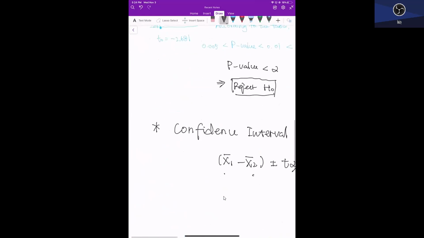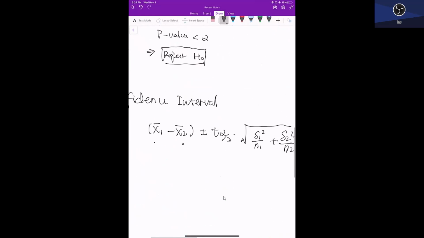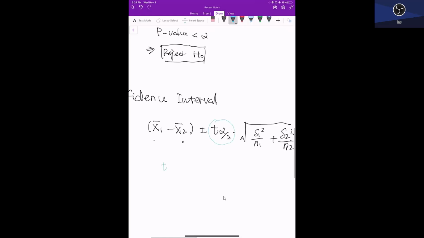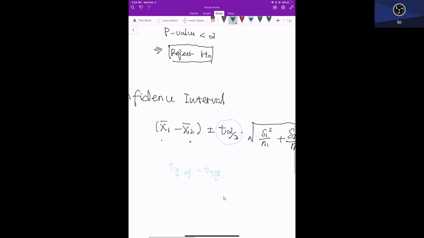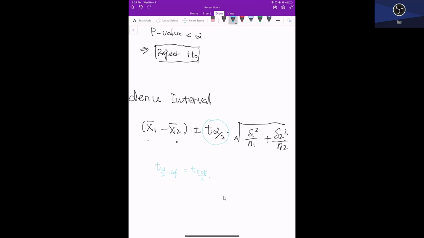And the only thing different is the t alpha over 2, which we'll find from the table. So that is t with alpha 0.05 divided by 2. Degree of freedom is delta, which is 17.